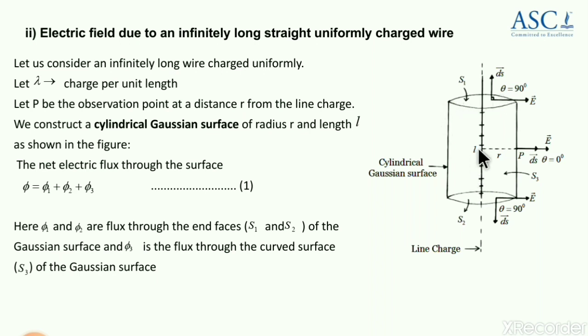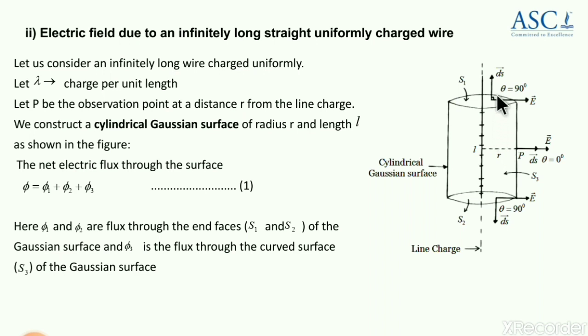Earlier for the spherical shell, everywhere flux was the same because every point has the same surface. But here if you observe, the cylinder has two surfaces, the top and the bottom, and around the cylinder one type of surface.